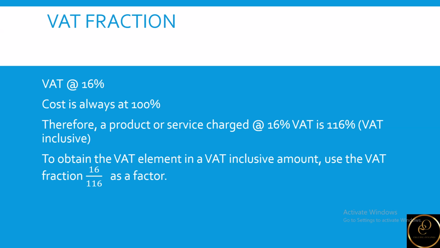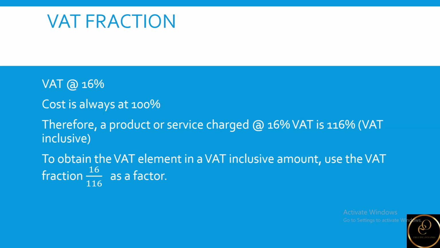So to do that, I've looked at how you can determine the VAT amount in a VAT inclusive amount. Let's assume that VAT is at 16%. Please note, the cost of goods or services is always taken to be 100%.